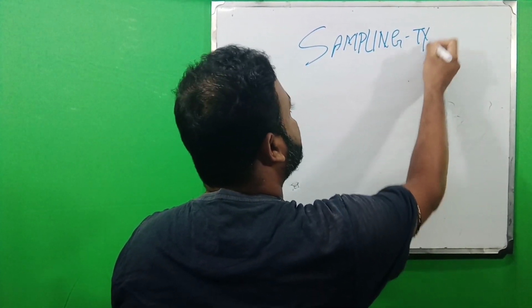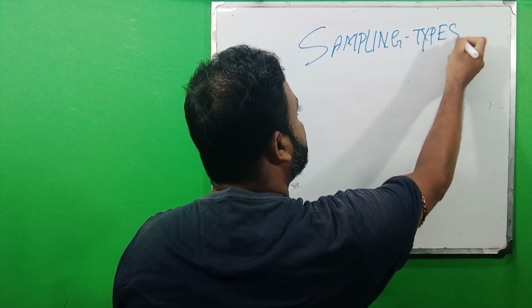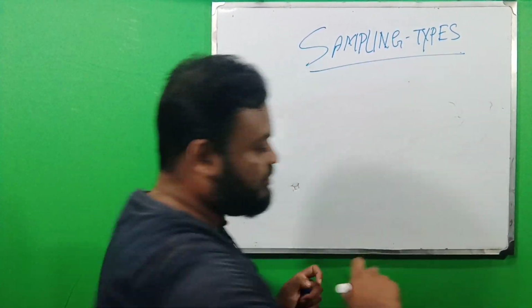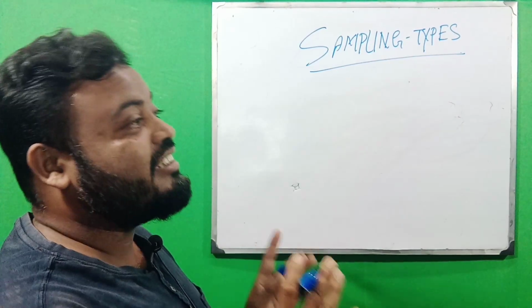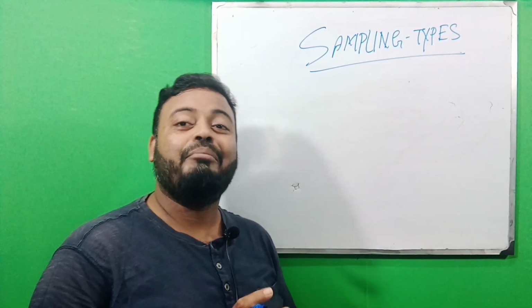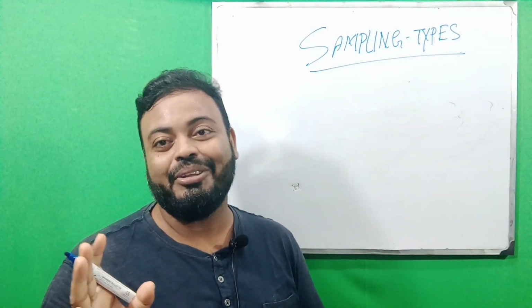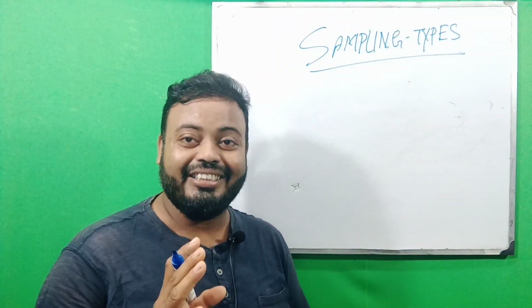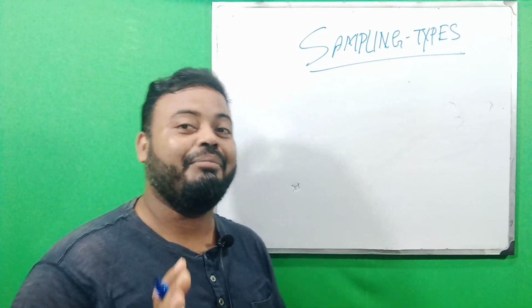So these two categories of sampling are number one, probability sampling method, and number two, non-probability sampling method.